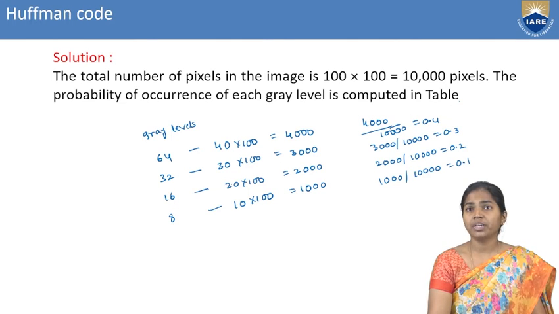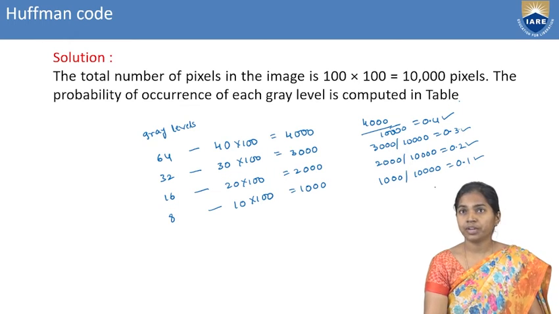So the probability of occurrence of 64 is 0.4, for 32 it is 0.3, for 16 it is 0.2, and for 8 it is 0.1.